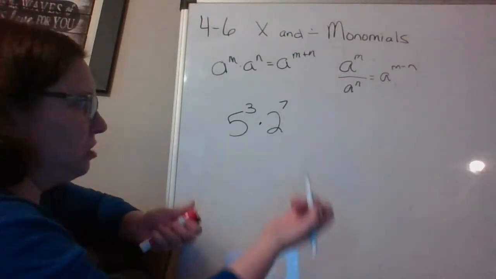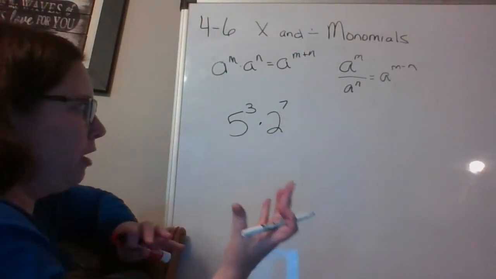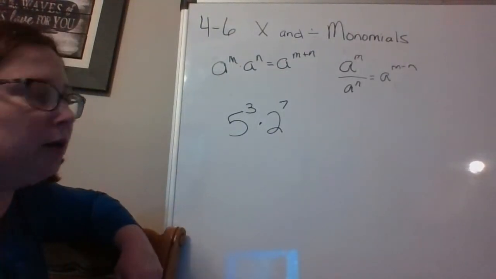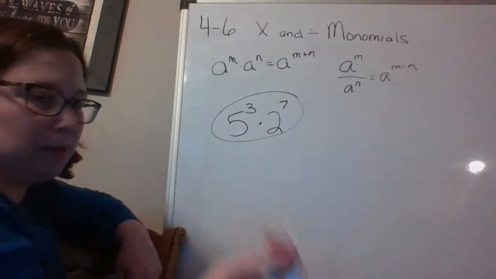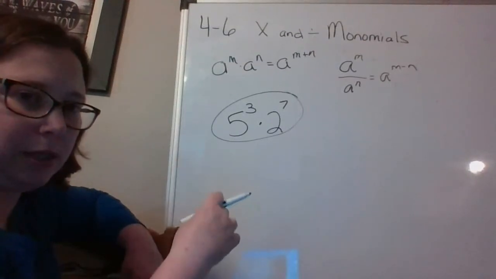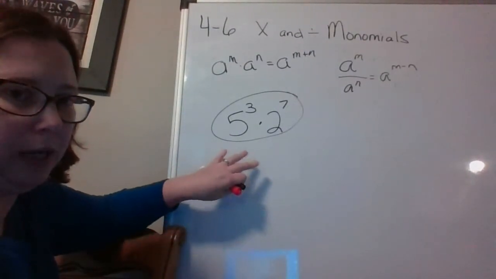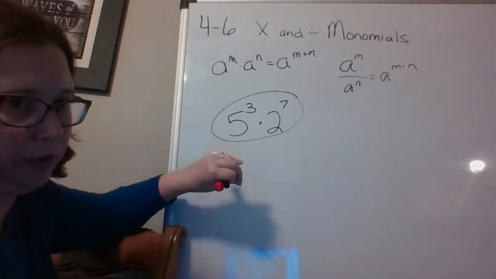We cannot decide, oh, let's multiply 5 times 2 and get 10 and then add our exponents. We can't do that here. This would actually just be simplified. If we are to give our answer in exponential form, this is as simple as we get. We can't use the rule here.